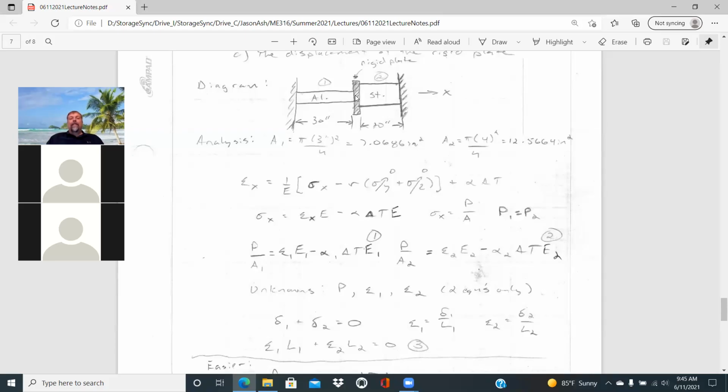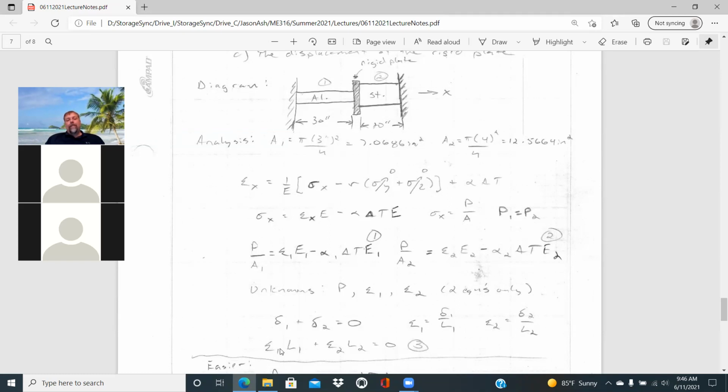And so with that, one of the displacements will be positive and the other one will be negative, the same value. And so delta 1 plus delta 2 would have to be equal to 0, which tells you that they're equal and opposite in sign. With that, epsilon 1 would be delta 1 over L1, epsilon 2 would be delta 2 over L2.